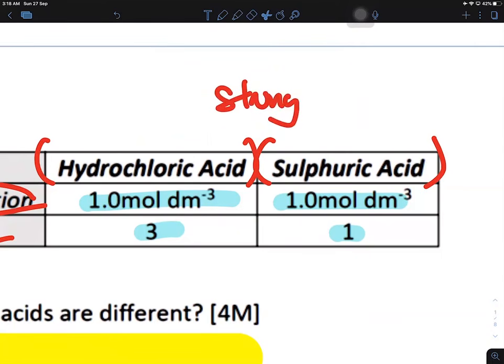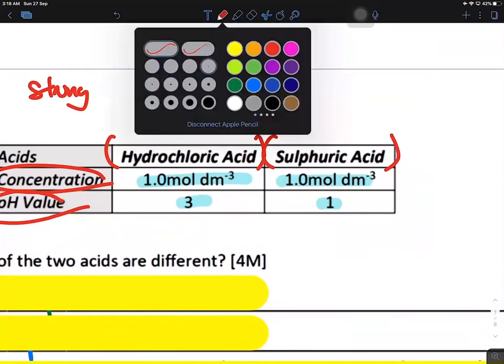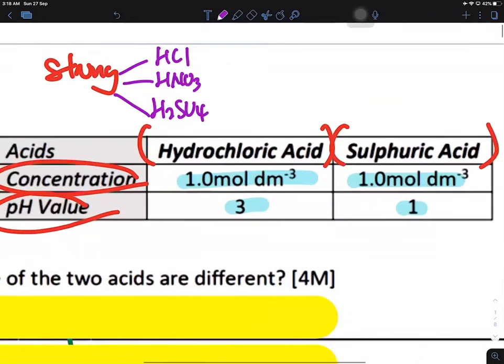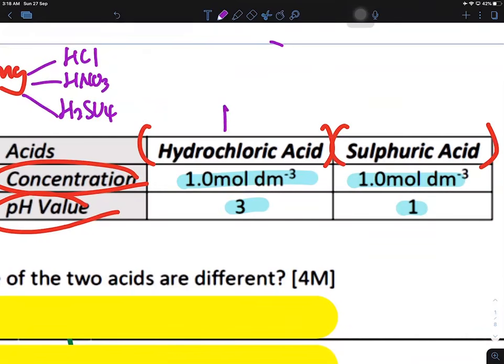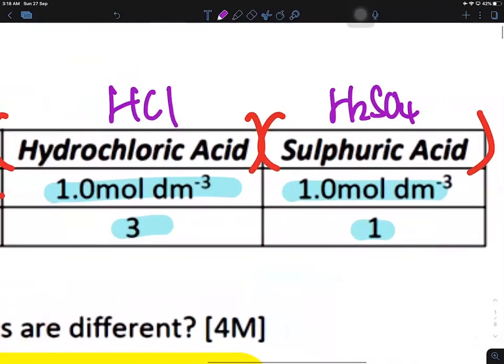What are the examples of strong acid? Strong acid, we have HCl, HNO3, and H2SO4. They are all strong acid. So what is the difference between HCl and H2SO4? If they are both strong acid, what is the difference?